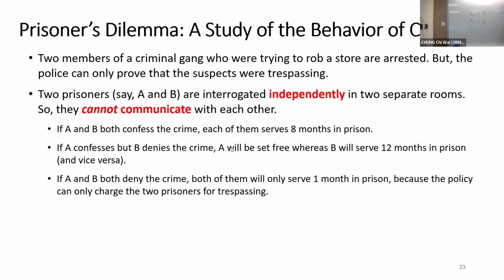If A and B both deny the crime, then both of them will only serve 1 month. That is the best outcome, because the court can only charge the two prisoners with a very light crime.